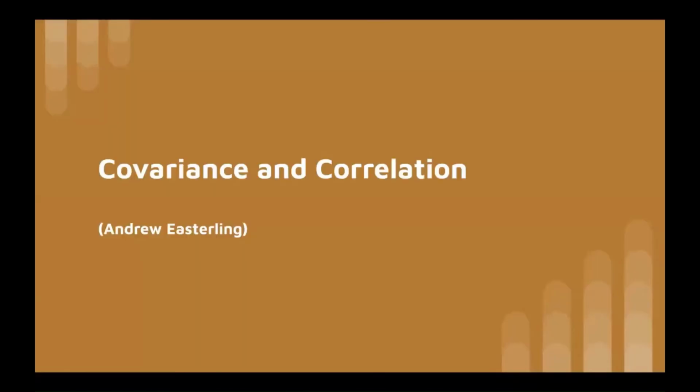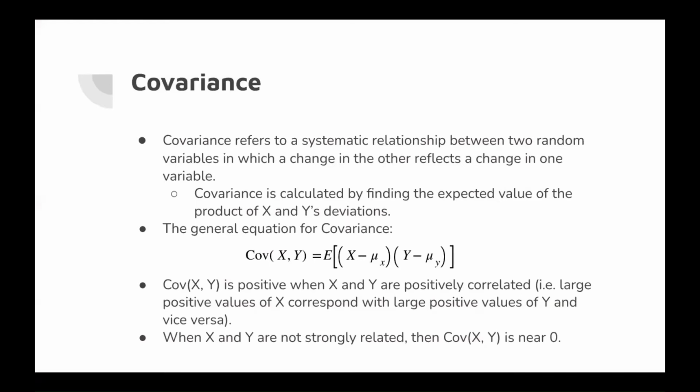Next slide. So covariance and correlation allow you to talk about how two random variables are related to one another using numbers.